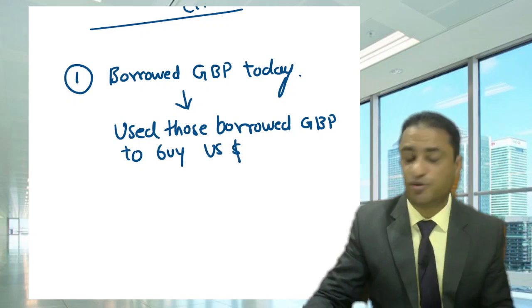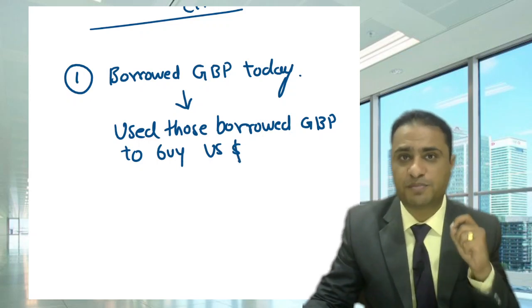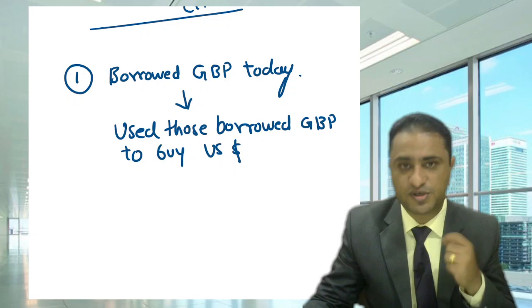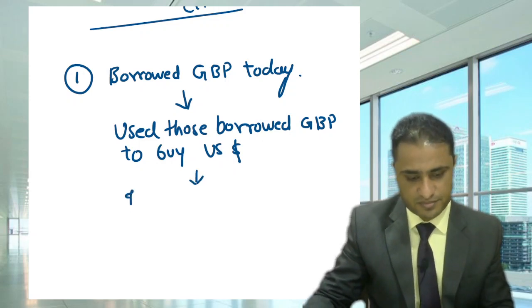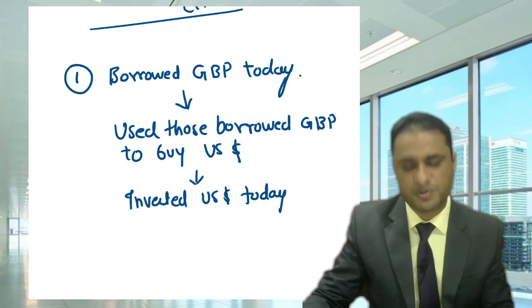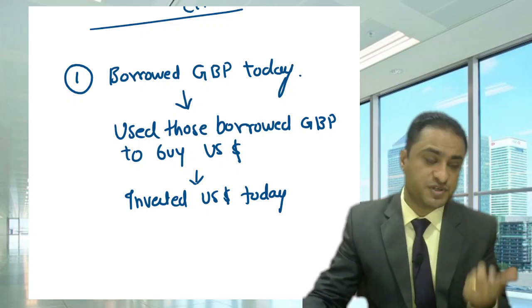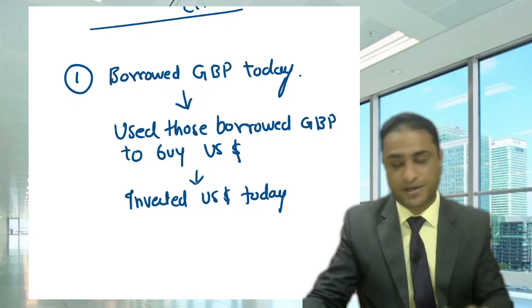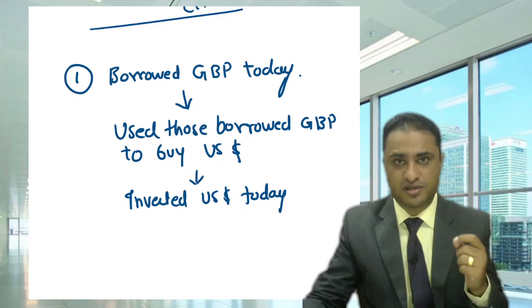How much US dollars? It is equal to the present value of 3 million US dollars. We invested US dollars today itself. How much we invested and in what manner? It will exactly become 3 million US dollar at the end of 6 months.